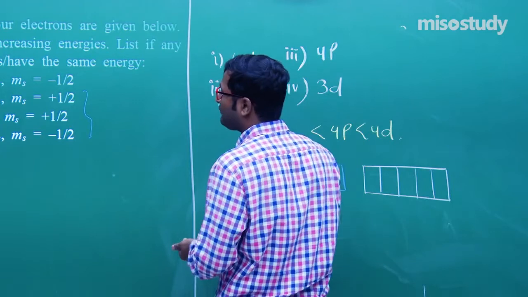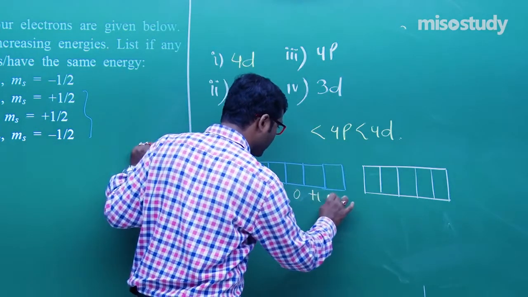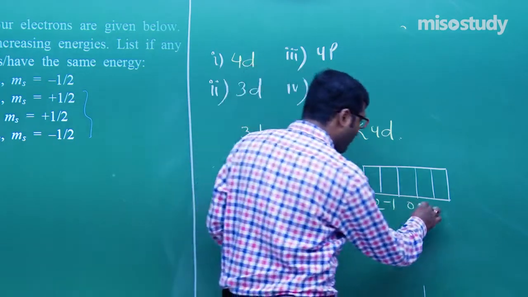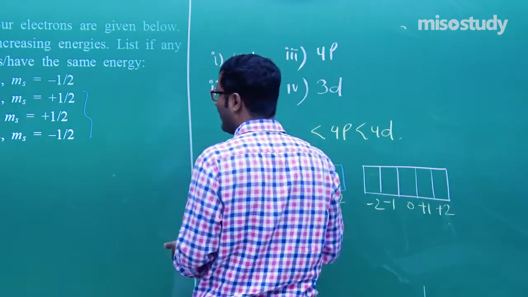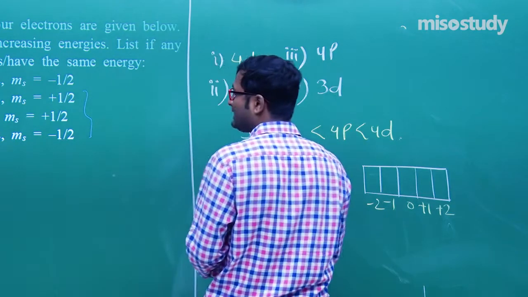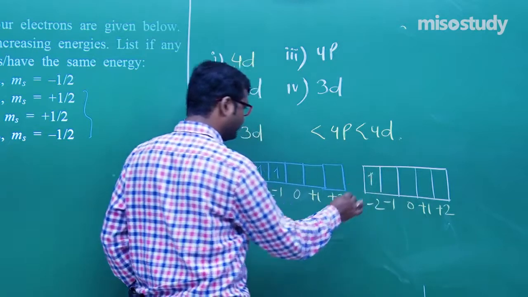Now check it out. For m: 0, minus 1, minus 2, plus 1, plus 2. Now here ml is equal to 1, that is 1 and 1, 2 electrons. Here ml is equal to minus 2, that is 1.